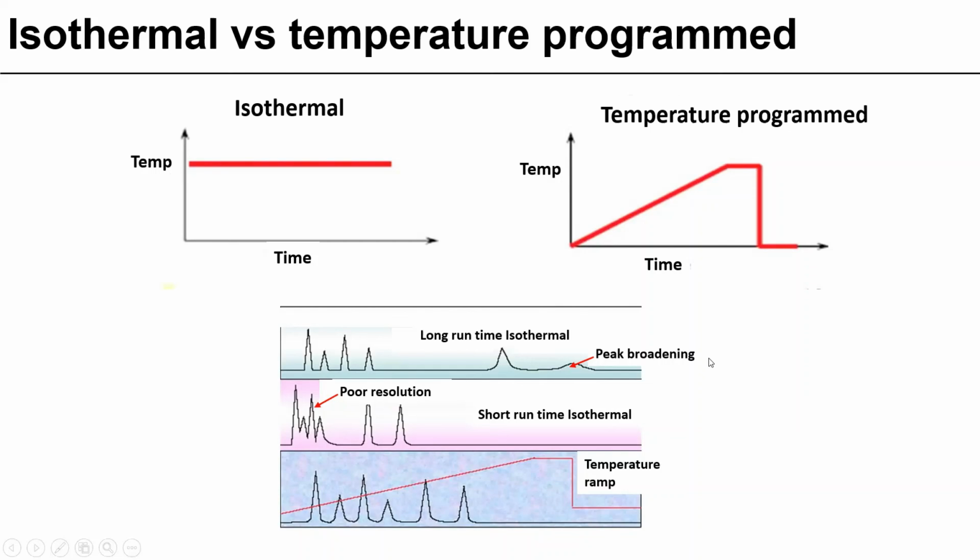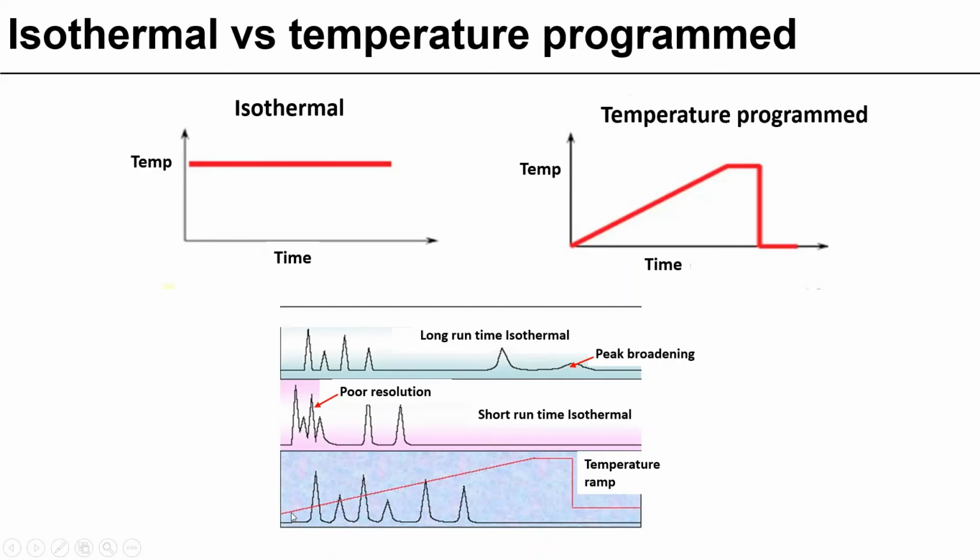So some of the issues you might see with isothermal conditions are things like in this top image here. If you let the sample run for a long time, you might end up with some really bad peak broadening towards the end of the sample run. If you run it for a short time, sometimes you get very poor separation between your analytes, and you get peaks that are kind of running into one another here.